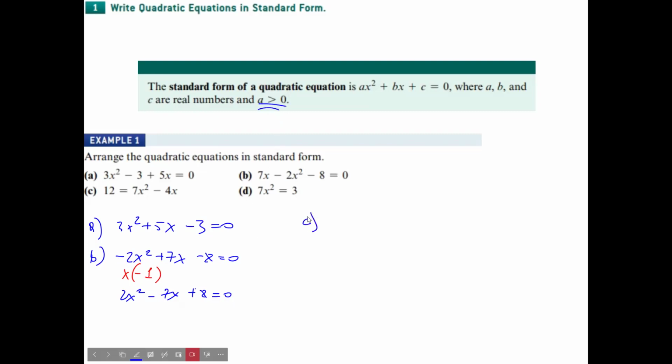Now c. So what I have, 7x squared minus 4x minus 12 is 0. Good. I just take 12 to the other side and that's it. So d, I have 7x squared minus 3 equals 0. Here b is 0. We don't write that. So 7x squared plus or minus, it doesn't matter, 0x minus 3 equals 0. But we write it like that. Okay, good.